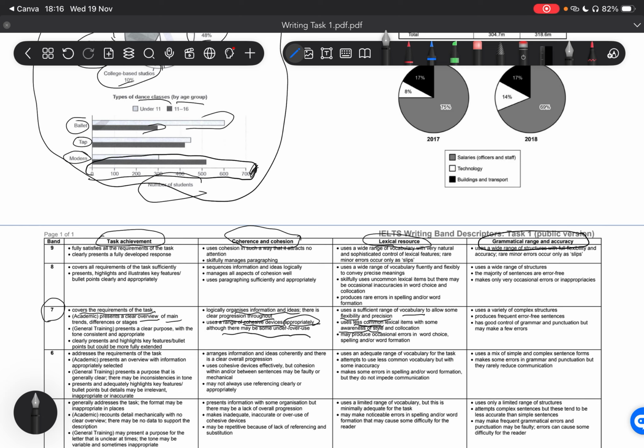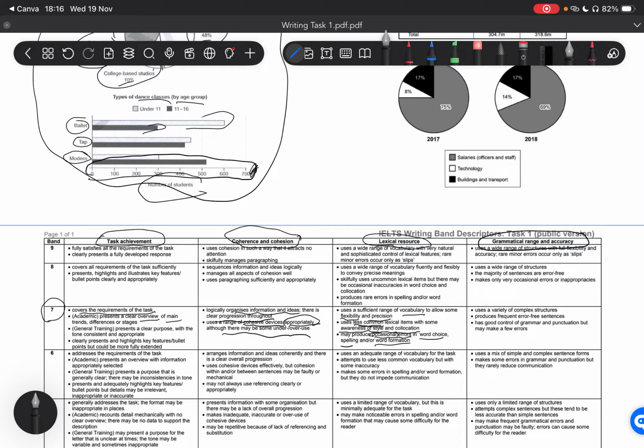But you need to also consider the style of your essay or report, also the collocation. So you may have some occasional errors in word choice, yes, spelling, how the words are written, and word formation. But occasional, like not often, but in some places, like 2 or 3 maybe.